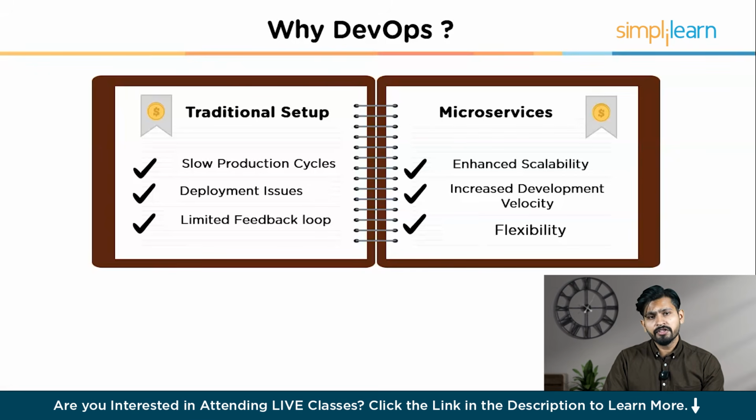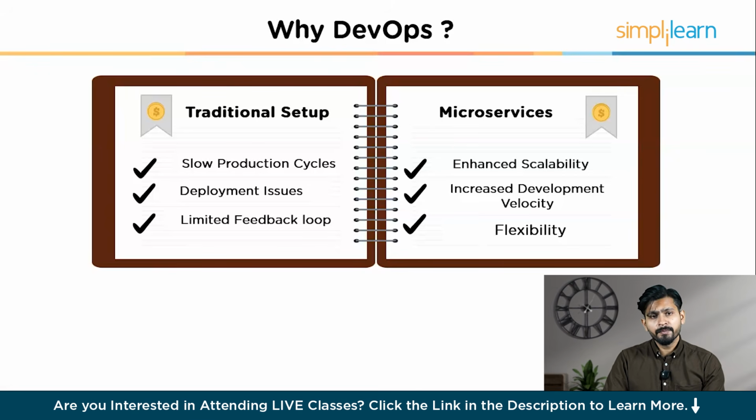The next issue with the traditional setup was deployment issues. When developers and operations work independently, there is a higher chance of encountering problems during deployment, such as configuration errors, environment discrepancies, and unexpected behavior in production. And also they had limited feedback loops.